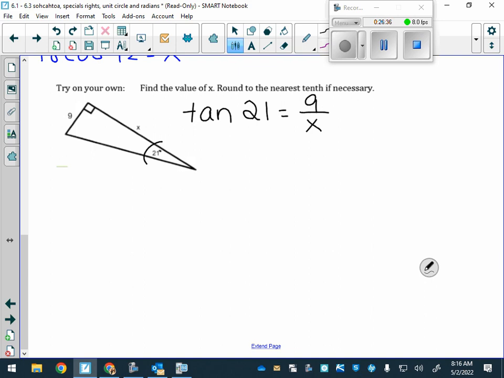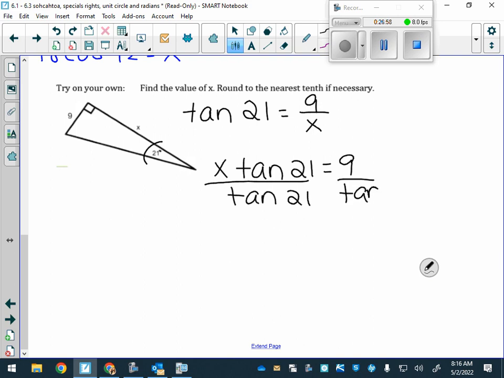Still cross multiply for now, right? So x tangent of 21 equals 9. But how do I get x by itself? You would have to divide both sides by tangent 21.